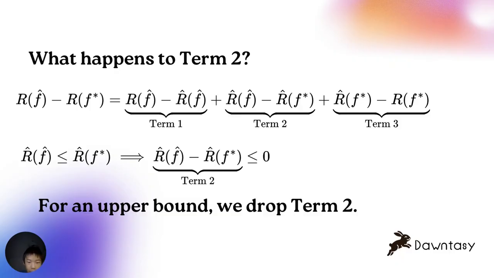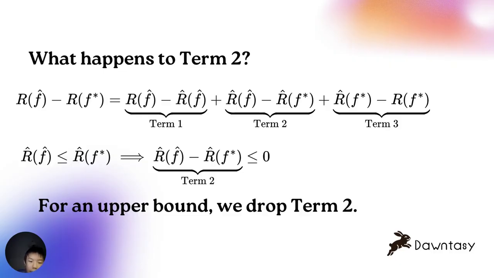Term 2 is just the empirical difference of the risk of these 2 models. By definition, the empirical minimizer is the model that minimizes the empirical risk the most. That is, it makes it the smallest, and thus is the best one from an empirical risk point of view. Thus, the empirical risk of the empirical minimizer is always going to be less than or equal to that of the oracle model.